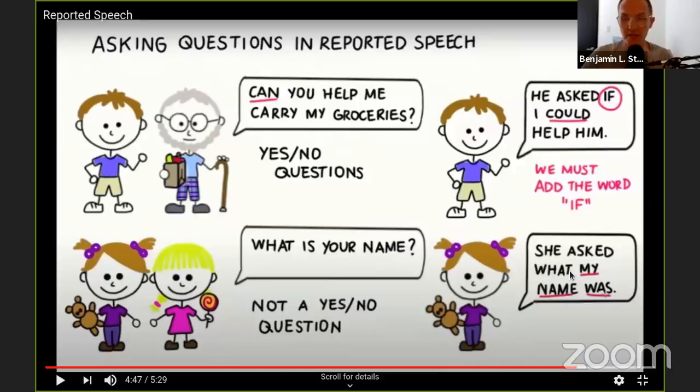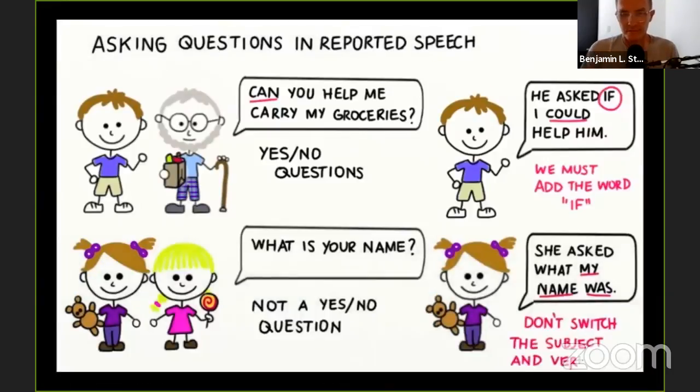Here, the subject comes before the verb, whereas in the question, the verb comes before the subject. Notice that in the direct question, we use a question mark, and in the indirect question, we use a period. Same with the yes/no questions. We use a period for the indirect, and we use a question mark for the direct question. We don't need to switch the subject and the verb, and we don't need the word if.